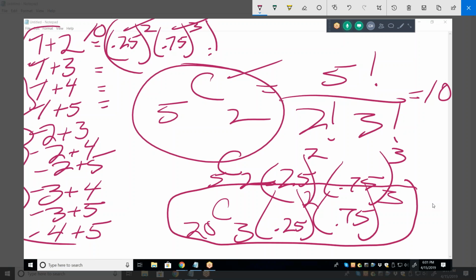Now, what I have found is that a lot of times with these counting problems, it really is helpful to go through this analysis over here on the left, if you can do it. In other words, if it's small enough that you can go find out how many combinations there are.